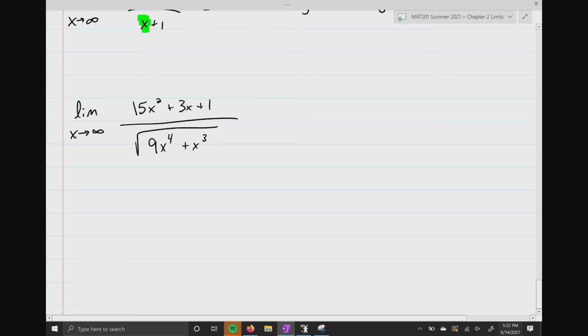Now, our approach is still the same. We're going to look for the highest degree in the denominator. And that degree, currently, if you just look at it, it's right there. It's x to the fourth.